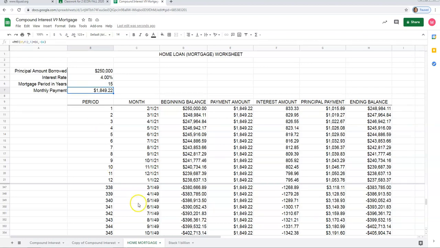But your loan gets paid off in half the time, which means that even though your payment's more, the amount you actually spend for interest decreases by quite a bit. A 15-year loan is 180 payment periods. That would put you right there. There's the loan paid off.